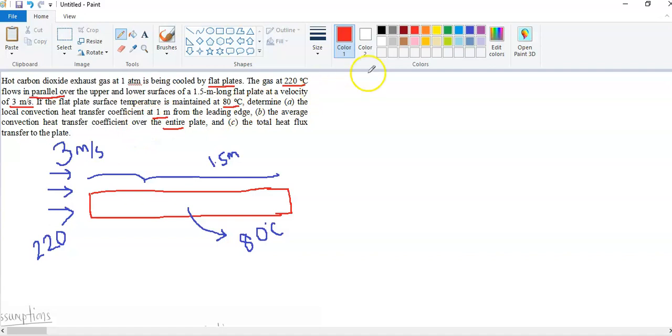If the plate is 1.5 meters, roughly this is 0.5, this is 0.5, this is 0.5, so the whole distance is 1.5. Up to this point it is 1 meter, from here to here. So we have to calculate the local convection heat transfer coefficient at 1 meter from the leading edge, and second, for the entire plate, that means for 1.5 meter.